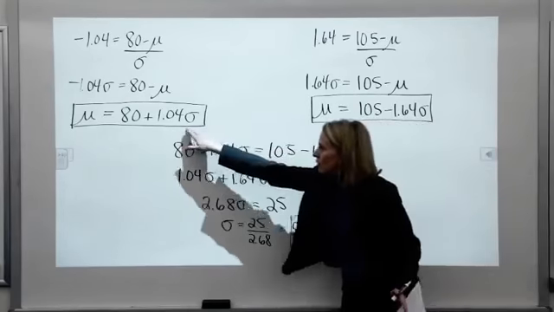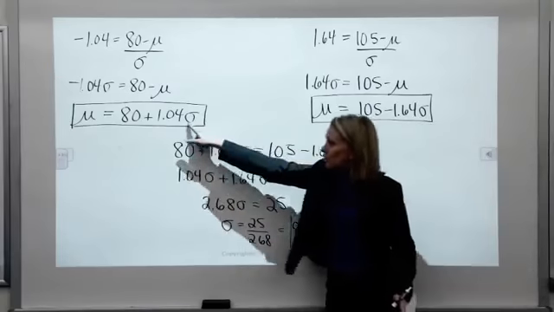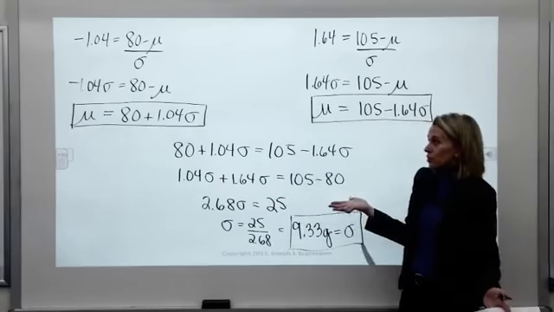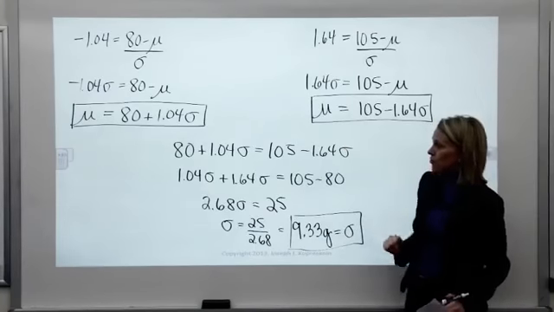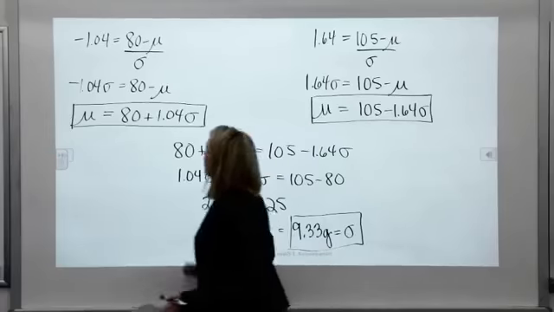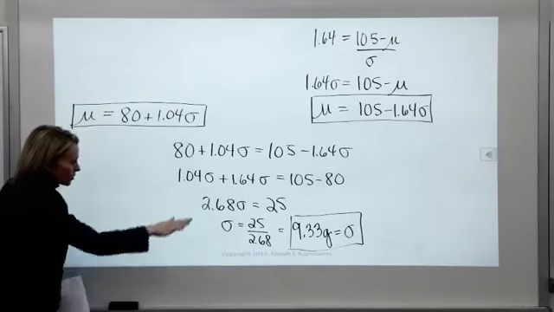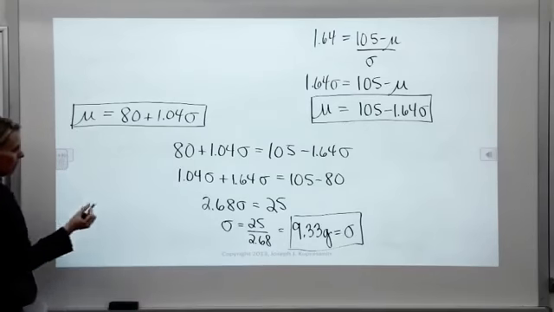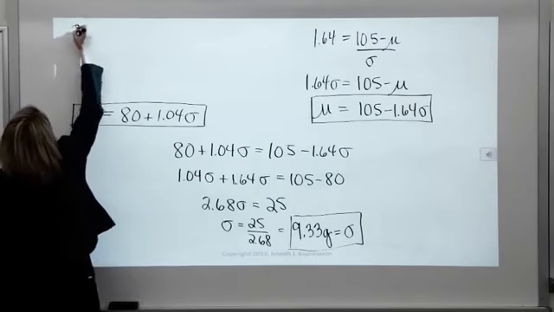Take either one of your equations for mu and plug back in the value of the standard deviation. You could do them both, but you really don't need to. Take either one, plug in the value of sigma, and we'll find out what the average weight is. So I'm going to sneak that up here. You should draw this, keeping going sequentially in your notes. The next step is to plug sigma back into the equation for mu.